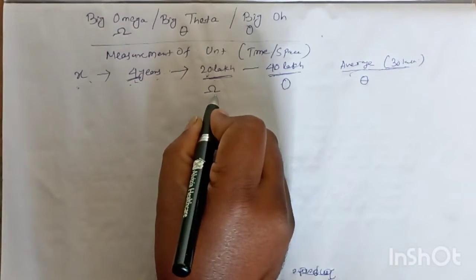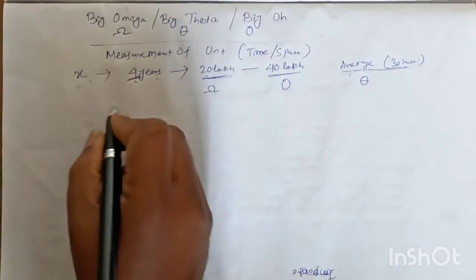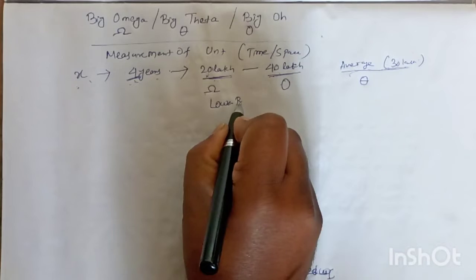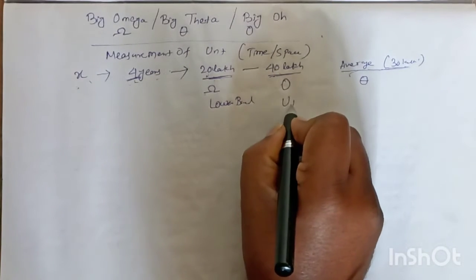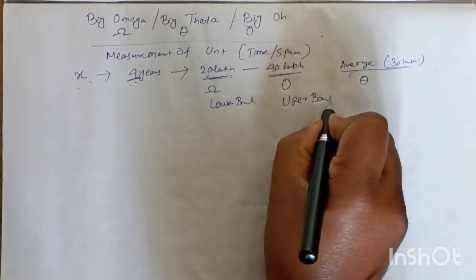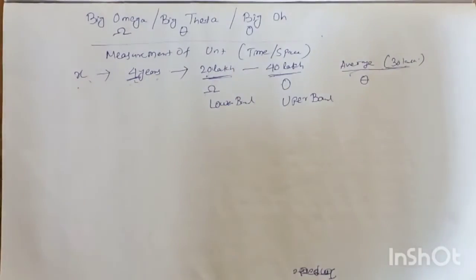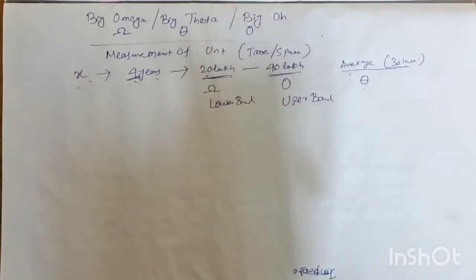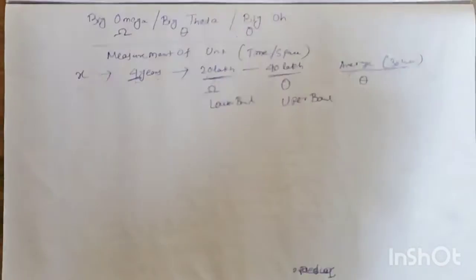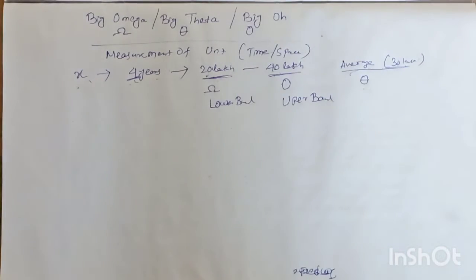So the best case scenario for the company is known as the lower bound. This is known as the upper bound, and this is the average. And theta is always sandwiched between the lower bound and the upper bound. That means theta represents both conditions.